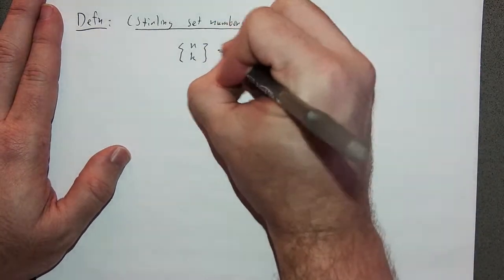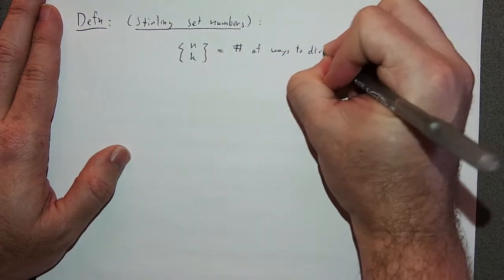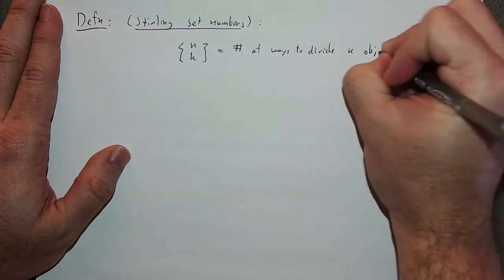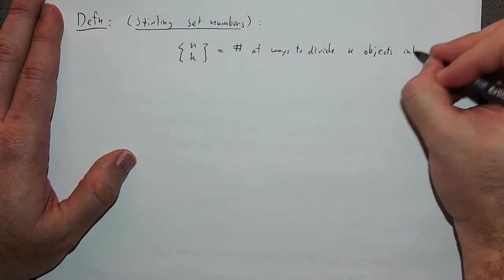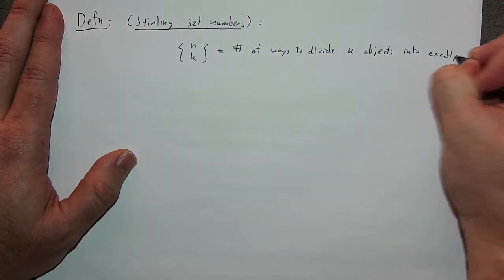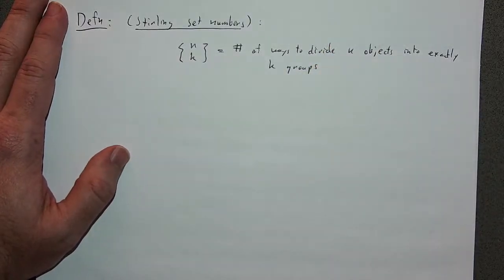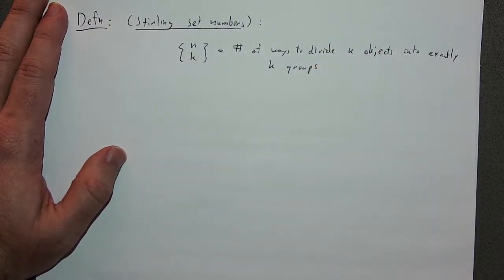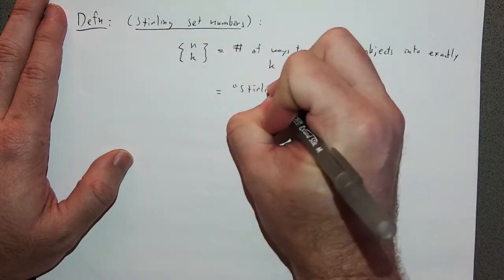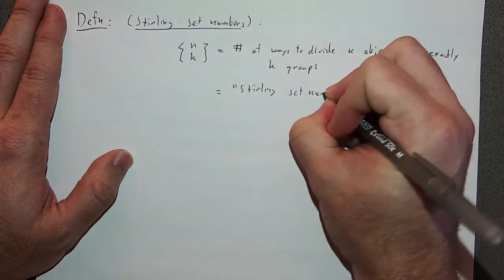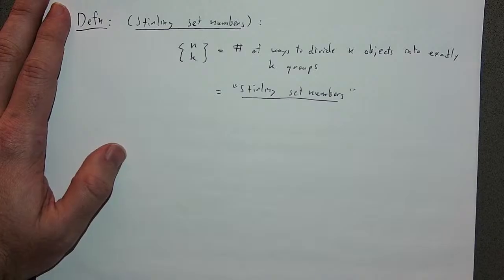These are the number of ways to divide n objects into exactly k groups, understanding our setup, the rules that have to be followed. These are the Stirling set numbers, or the Stirling numbers of the second kind.